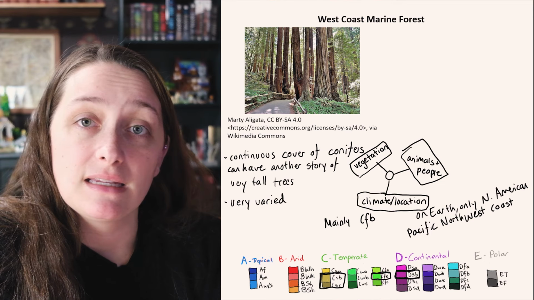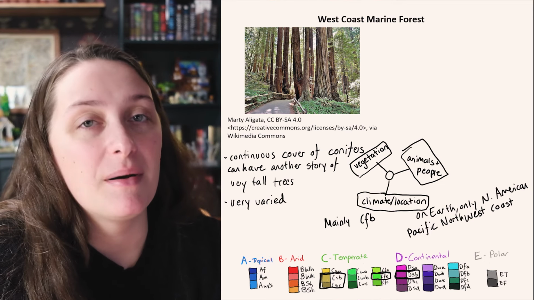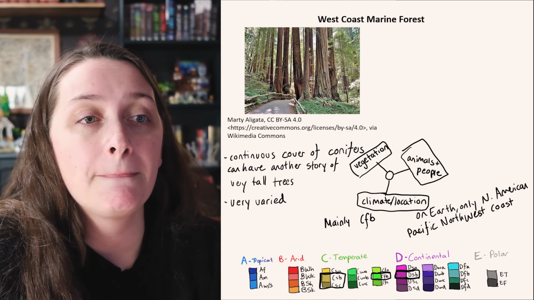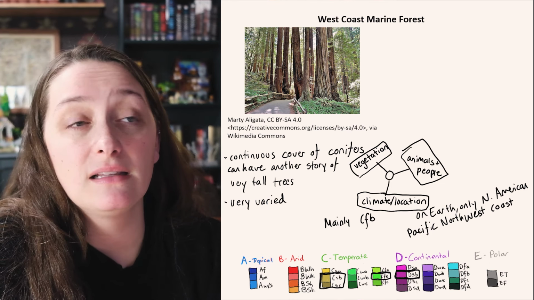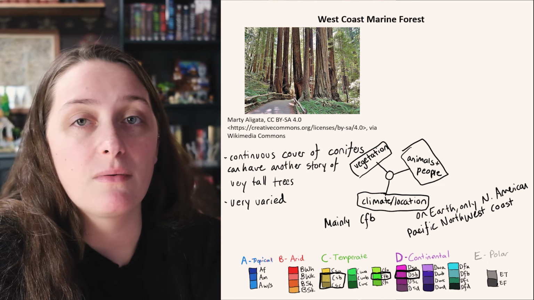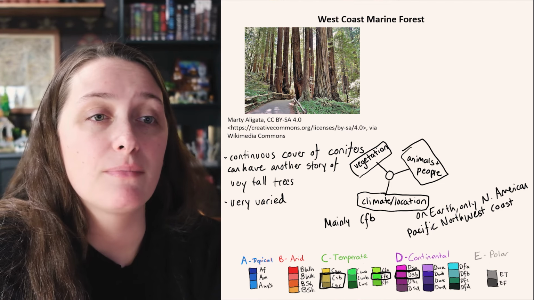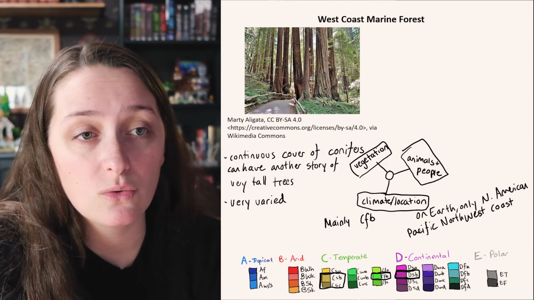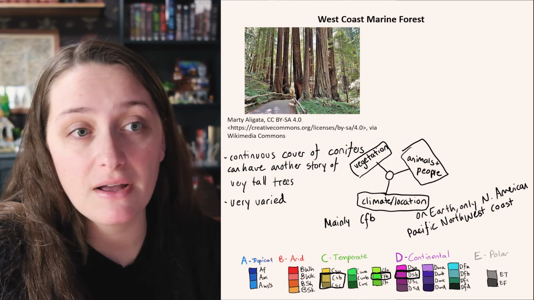I cannot pronounce anything today, I apologize. But blackberries, blueberries, etc. You can find ferns, you can find forbs. In more humid areas, you might see lots of mushrooms. And this can vary based on location from almost a woodland to a temperate rainforest based off the proximity to the ocean, the impact of onshore winds, the relation to mountains, etc.